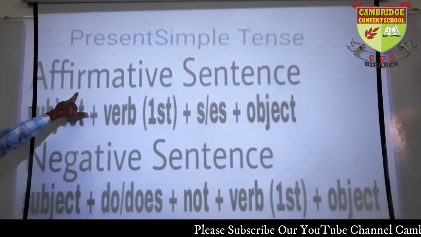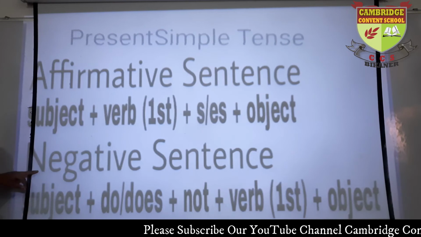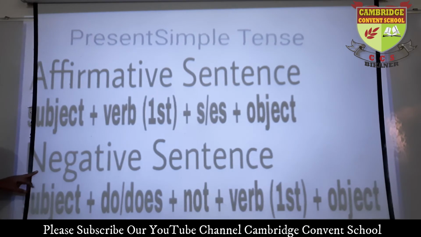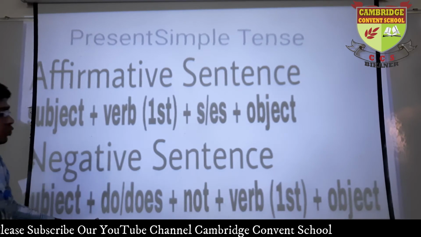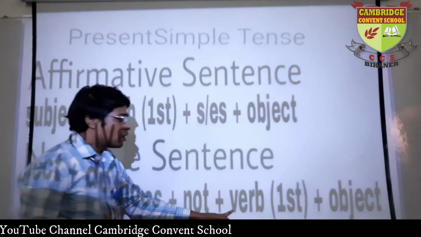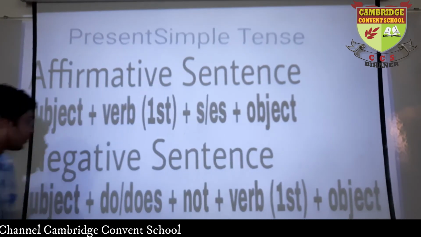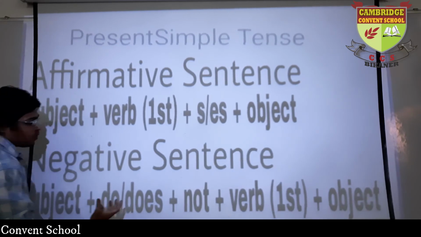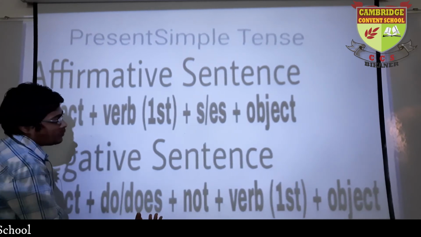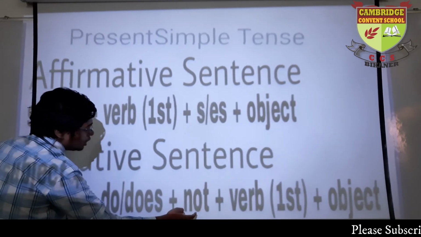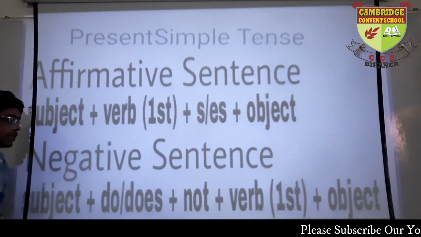For the negative sentence, we use the structure subject plus do or does plus not, verb's first form plus object. I repeat again: subject plus do or does plus not plus verb's first form and object. The not will take third place in every sentence.